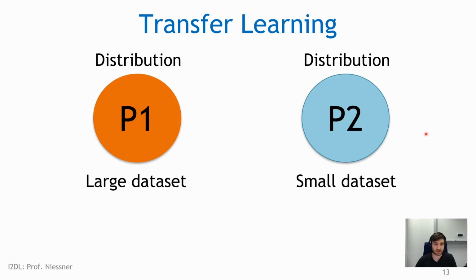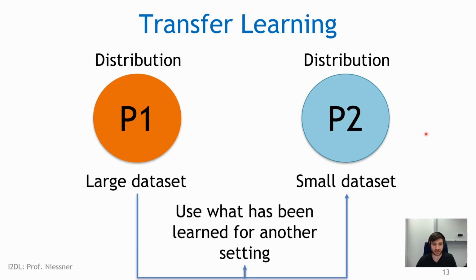For the source distribution, we have a large data set, and in our case the target distribution is rather small. So what we want to do is use what has been learned from the large data set and transfer it to the small data set, reusing or mapping one distribution to the other.